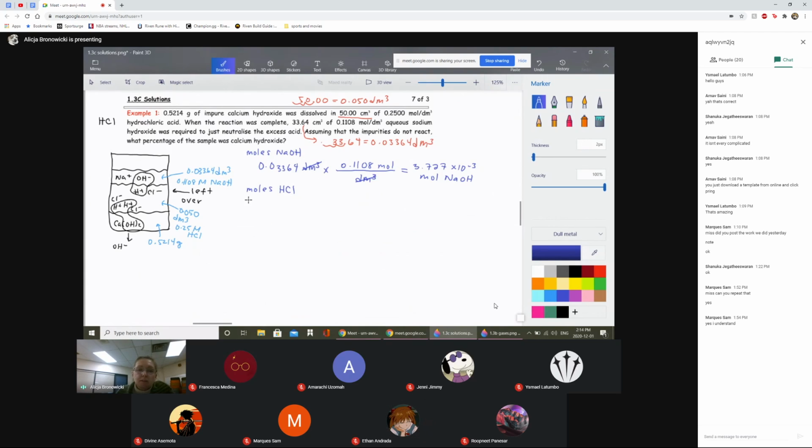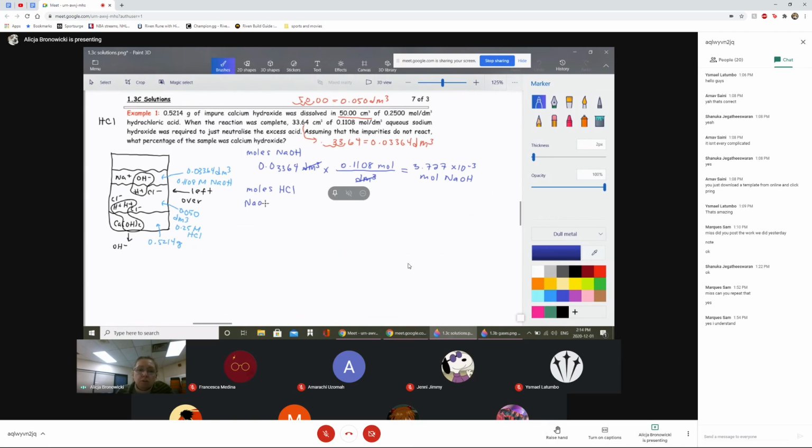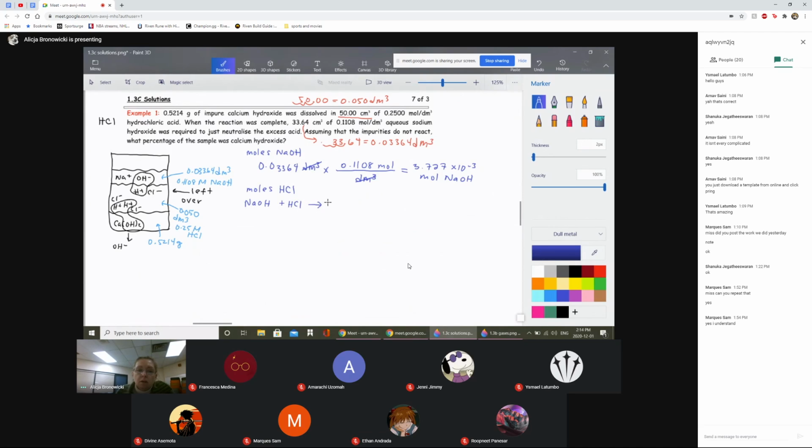NaOH is an easy equation: NaOH plus HCl gives me NaCl plus HOH, and it's balanced. So my sodium hydroxide is a 1-to-1 ratio with hydrochloric acid. However much sodium hydroxide I have, the same amount of hydrochloric acid.